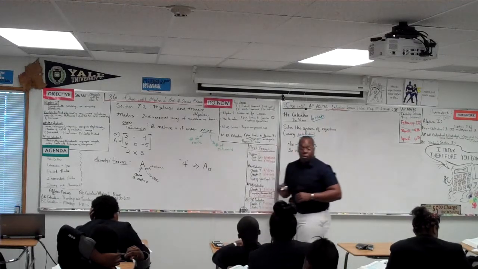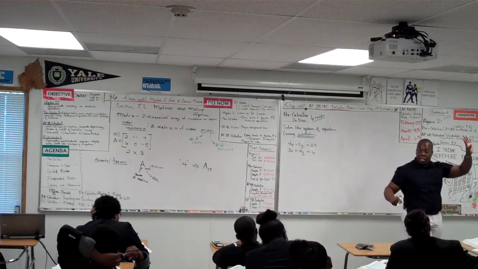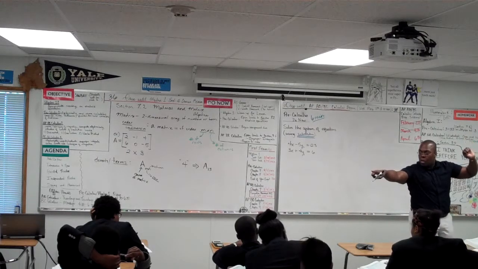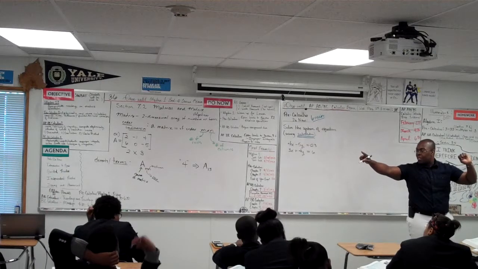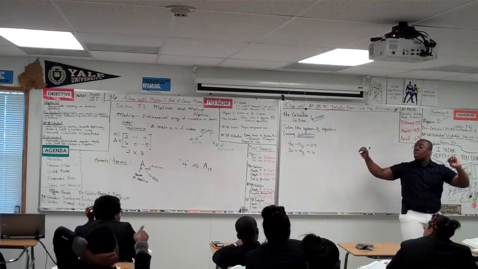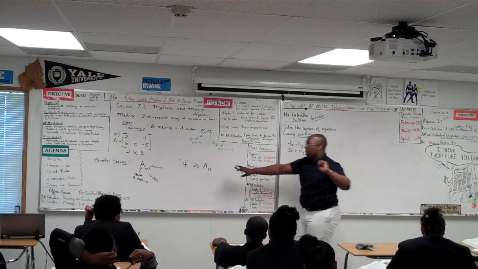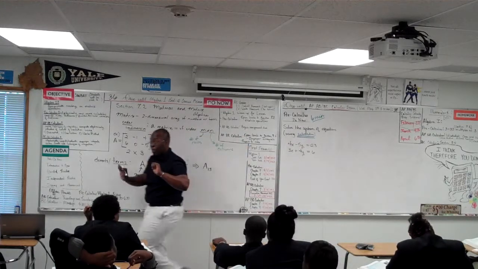Yes, ma'am. A13. Why did she say A13? Because the 4 is in the first row, third column. Thank you. So the position of the 4 would be A13.